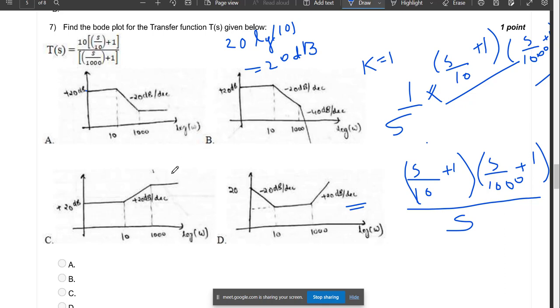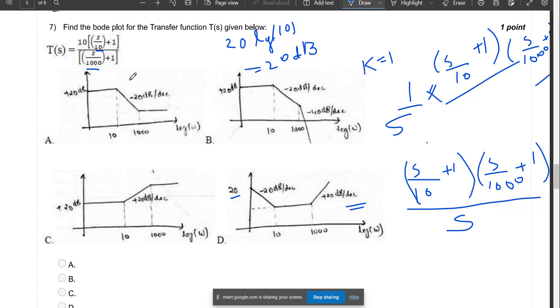So all of these are starting from plus 20 dB. Now see, s by 10 here and s by 1000. So what will come first? A 0 here is at 10, and a pole is at 1000. So what will come first?